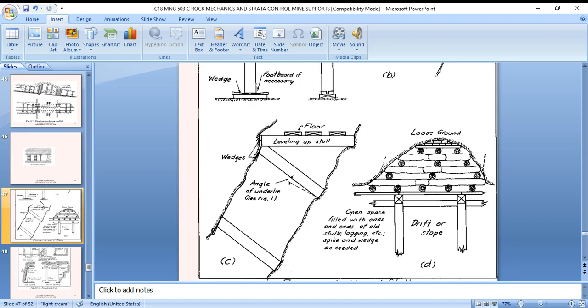This is another model: drift or stroke, loose ground, open safe field with odds and ends of the old stalls, logging, extra spikes and wedges needed, floor level up to stall. Stall is nothing but a wooden logging. The wedges are prepared, angled under the footboard if necessary. The wedge is erected. That also gives yield indications of how much load is acting on a particular line.